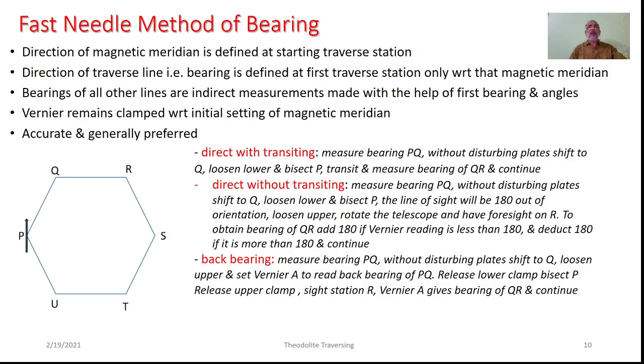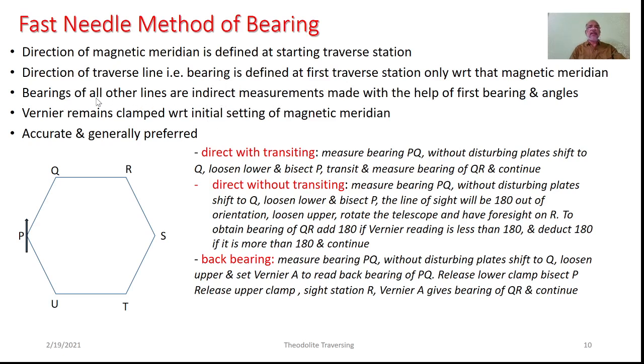Another method is fast needle method of bearing. Here, in this kind of traversing, the direction of the magnetic bearing is defined only at the starting station. So the direction of the traverse lines, that is the bearings, are defined at the first traverse station only with respect to that magnetic meridian.